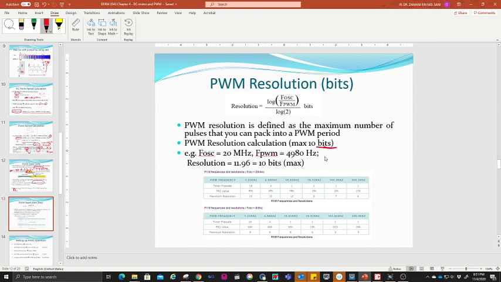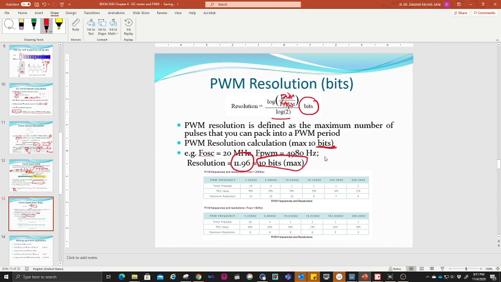This is the calculation for 20 megahertz oscillation. The FPWM is given like this, and you put all these values over here. This is 20 megahertz, and this is 4980, and then you take the log and get the answer, which is the bits. The answer is 11.96 for the resolution, but you can go up to only 10 bits.